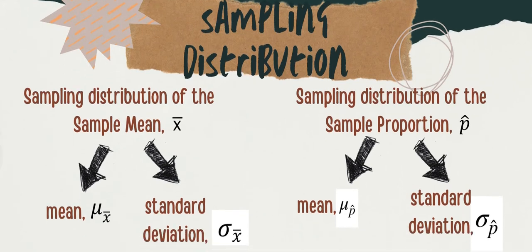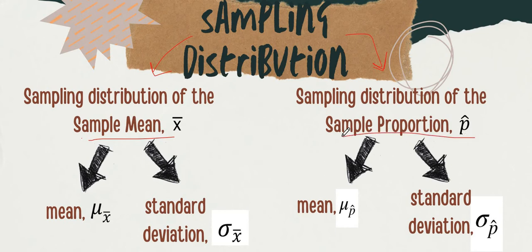The next slide is about the concept of sampling distribution. We will divide sampling distribution into two, and in this chapter you will learn these two. The first is the sampling distribution of the sample mean, and the second is the sampling distribution of the sample proportion.